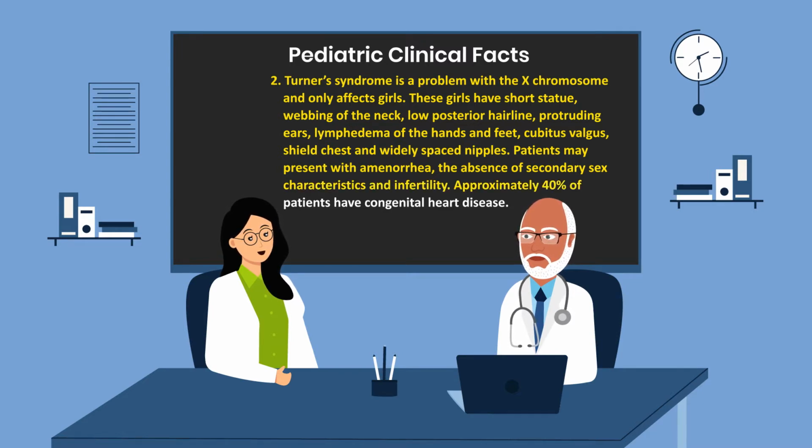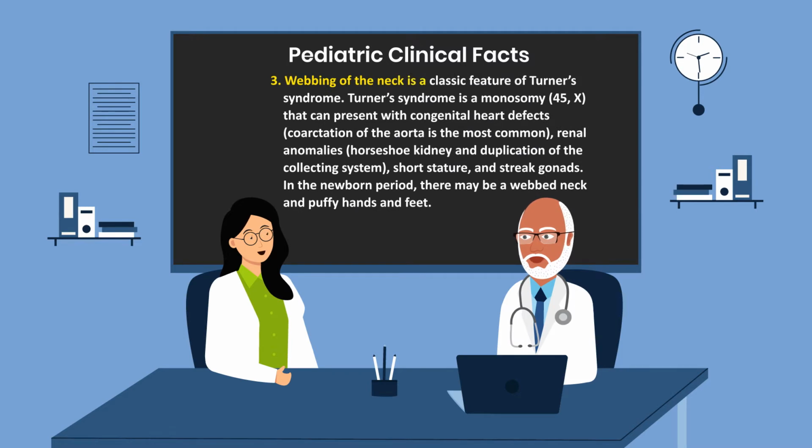Approximately 40% of patients have congenital heart disease. Webbing of the neck is a classic feature of Turner syndrome. Turner syndrome is a monosomy 45X that can present with congenital heart defects. Coarctation of the aorta is the most common.